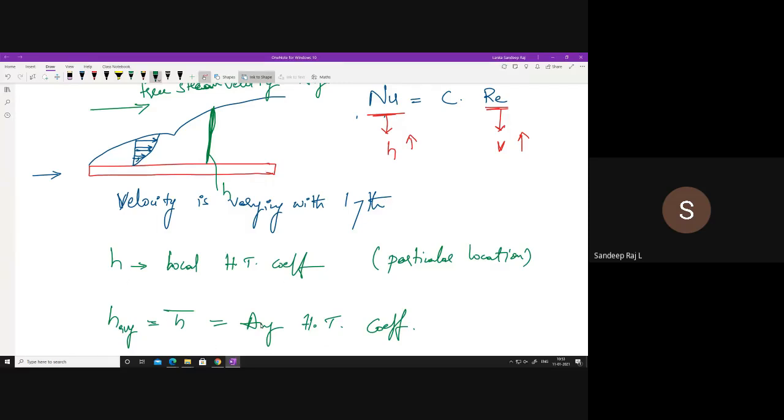But average is representing the overall mean properties. Based on the overall mean properties, it is the average heat transfer coefficient. For a particular location, if you calculate, it is the local heat transfer coefficient.